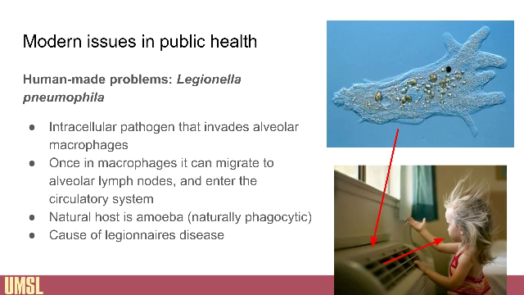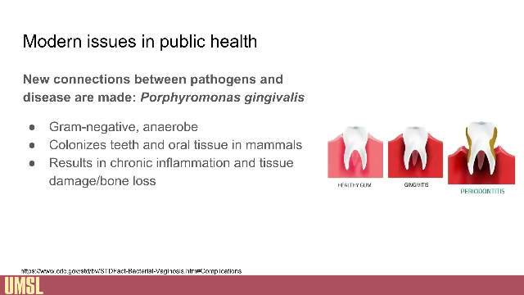It loves to invade macrophages, but its ancestral hosts are amoebas. It turns out amoebas behave an awful lot like macrophages, so it was able to make this really quick host switch, interacting with humans instead of just amoebas.